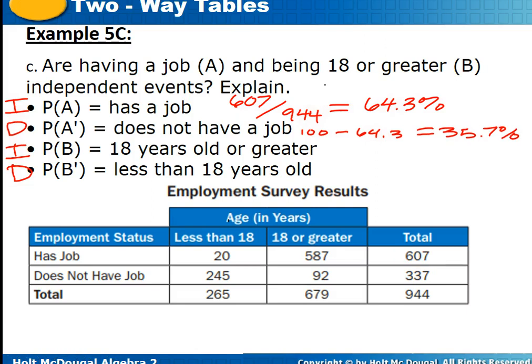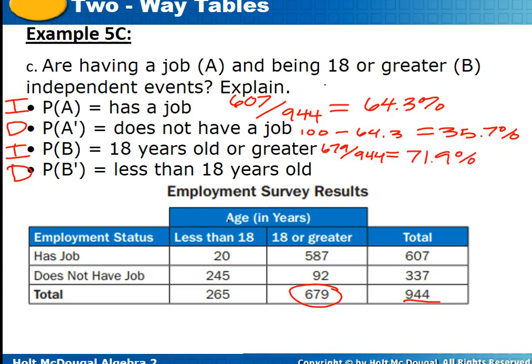Okay, so what's the probability that someone is 18 years old or greater? So this time we're going to look at 18 years old or greater, that's 679, and we're going to divide that by our total again. So 679 divided by 944, and that's 71.9%.